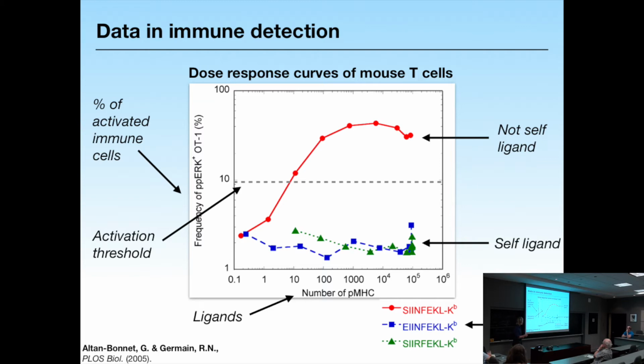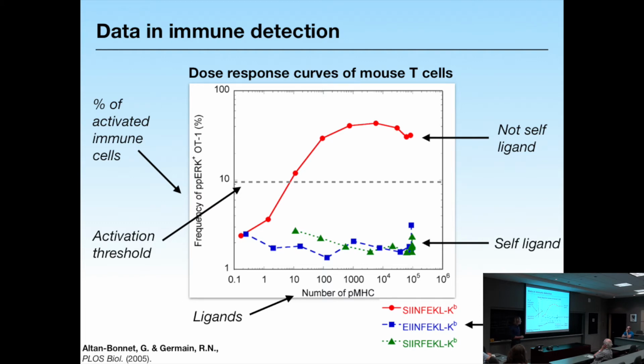And we see that if they are present in a sufficient number, more than 10, then the majority of the T cells will indeed be activated and go find the infected area. Now for these self ligands, even if they are present in huge numbers of tens of thousands, the amount of T cells that they trigger is minimal. So that's good. That's what we want.